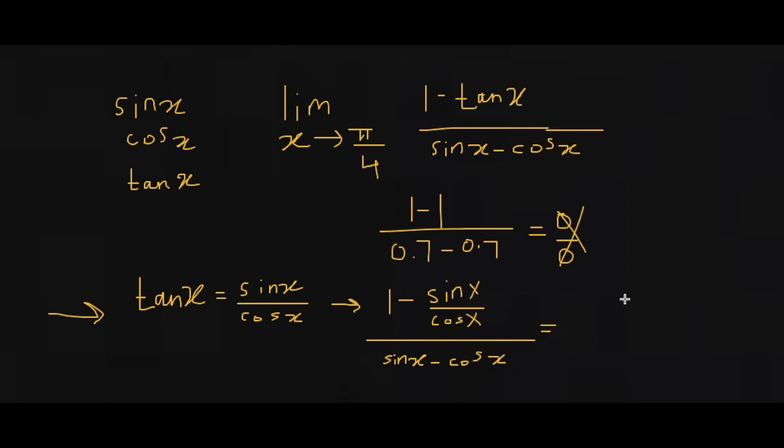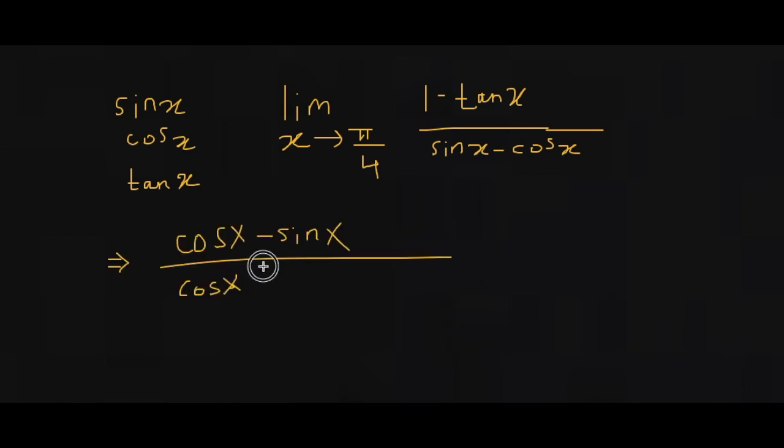Next, I'm going to make one common numerator on the top. 1 just becomes cos of x over cos of x minus sine of x over cos of x. The cos of x can be one common denominator divided by sine of x minus cos of x.